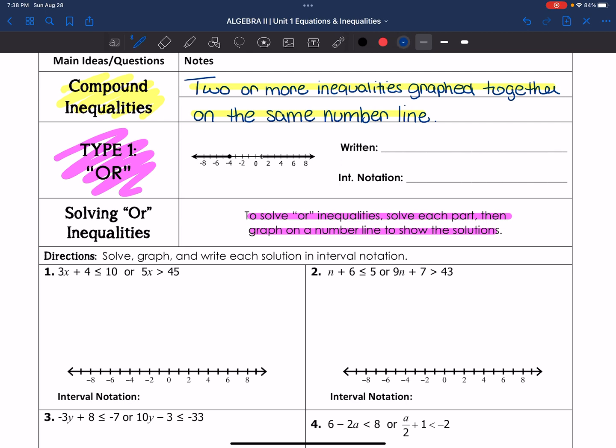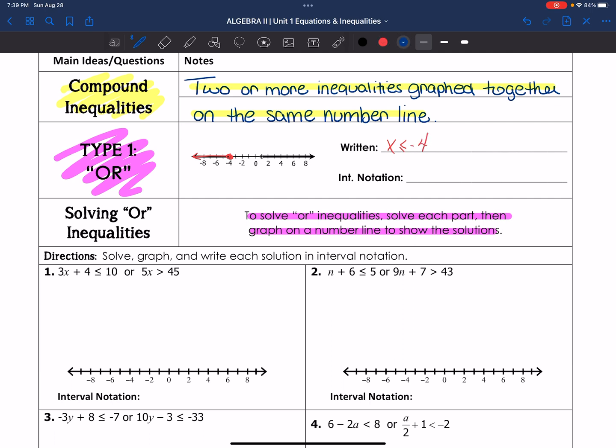The way we would write this graphed region on our number line would be the inequality where our x is, and I'm going to highlight this for us, in red here, where x is less than or equal to -4.